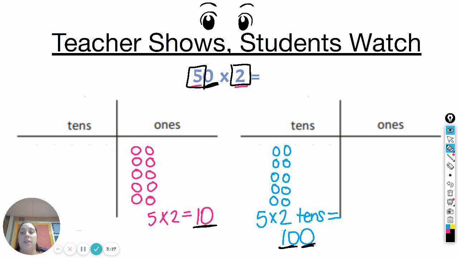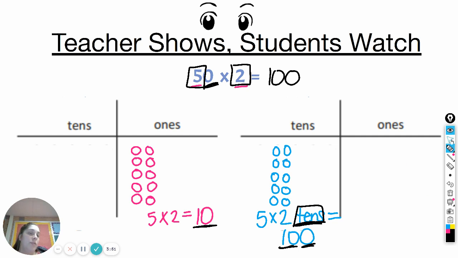So we could have just done 5 times 2, right? 2, 4, 6, 8, 10, and then added the 0 on the end. Okay, because that's all we're doing is adding that tens place.